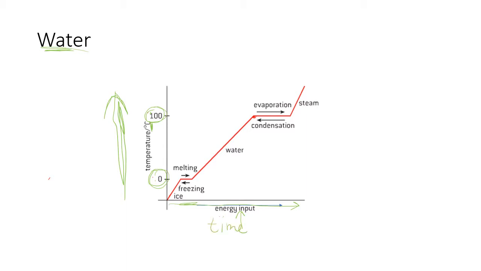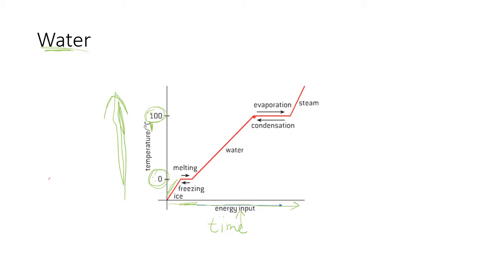So as time progresses, energy is being input into the substance, which in this case is water. These are the states of matter that they're in, and these are the changes that occur. So anything below 0, water is in the form of ice, which is the solid form of water.